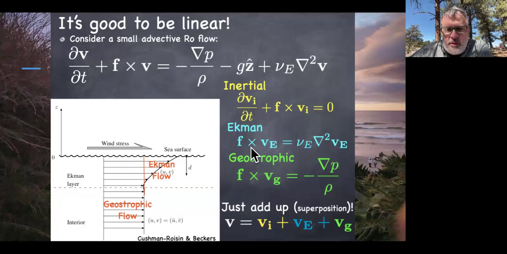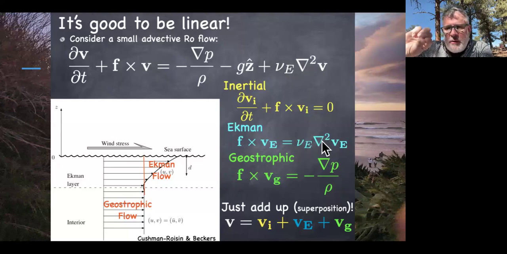The Coriolis term appears in two of our budgets, one for the Ekman velocity and one for the geostrophic velocity. And then we have the friction, which really only depends on the Ekman velocity because the friction is negligible outside of the Ekman layer.